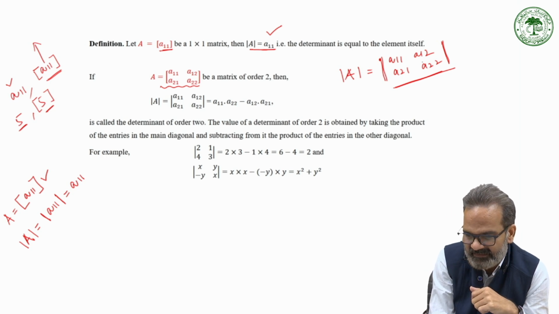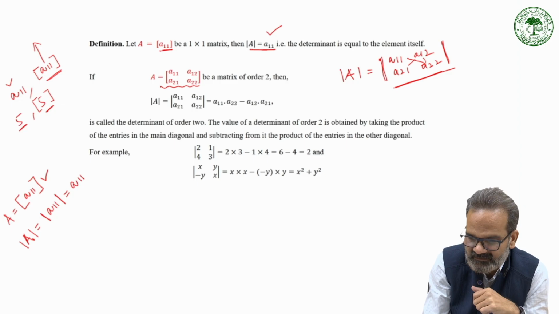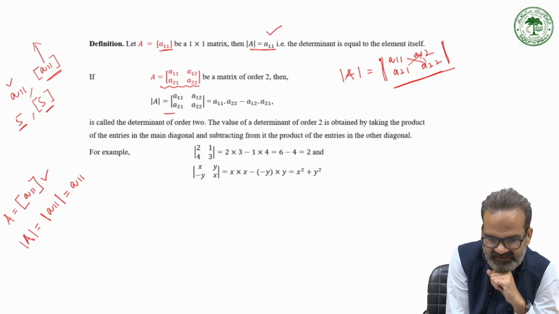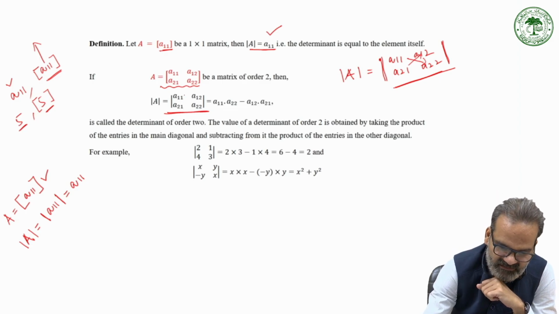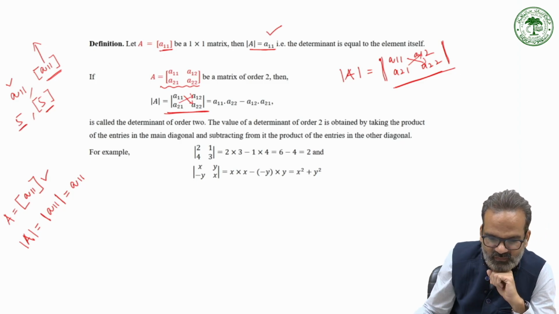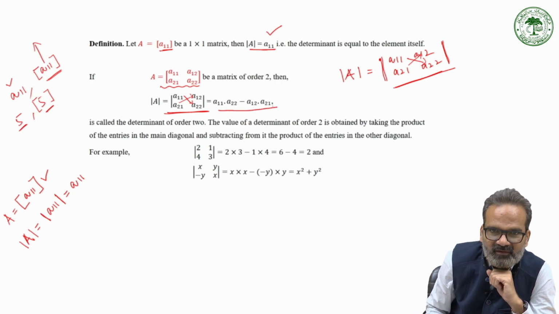That is, multiply these two first minus these two. Clear? So determinant of A is written like this. Its value is A11 into A22, means these two elements multiplied first, minus these two, A21 into A12. This is the value of a determinant of order 2.